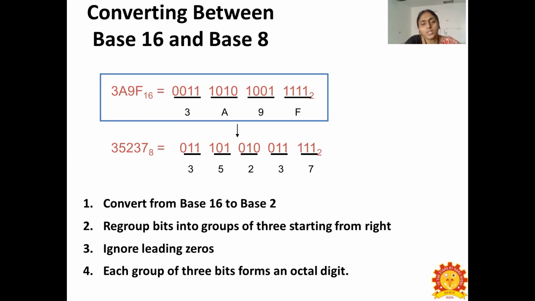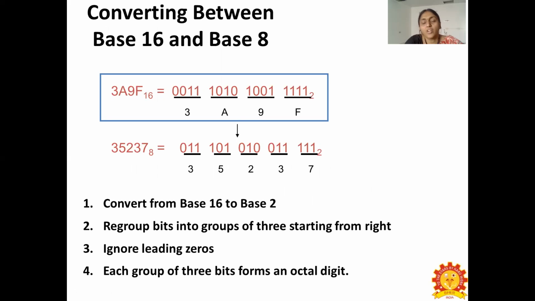And now we will see how to convert from base 16 to base 8. So here we just club the numbers with 3 digits. From the least significant bit, we start allocating. So 3 bits together, we are going to join.